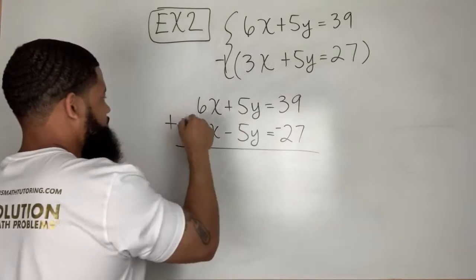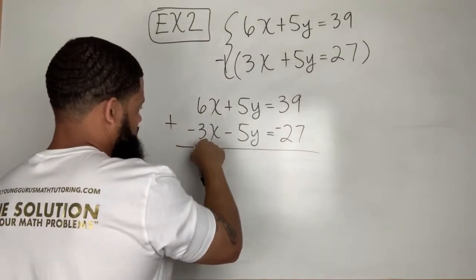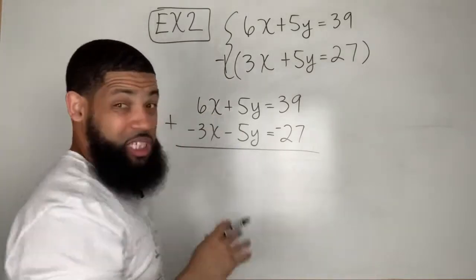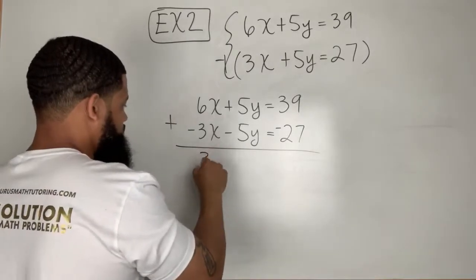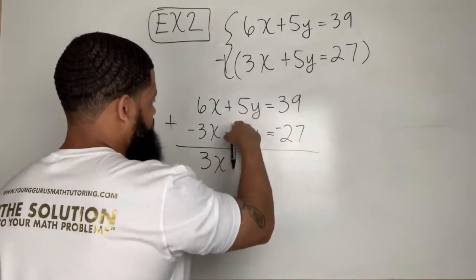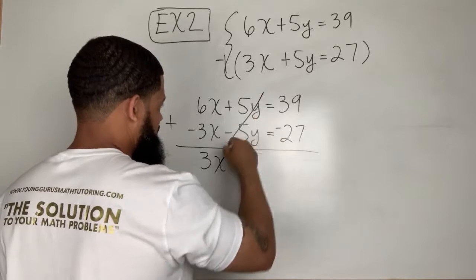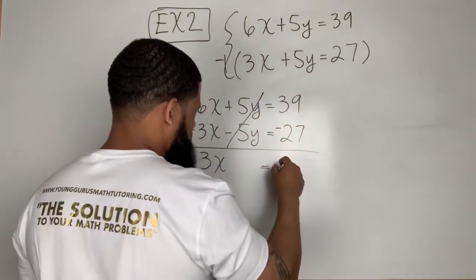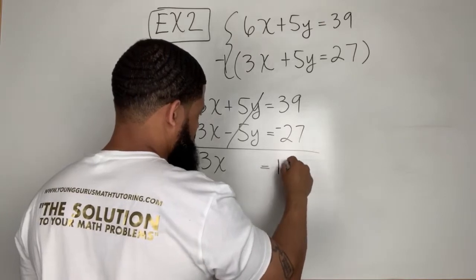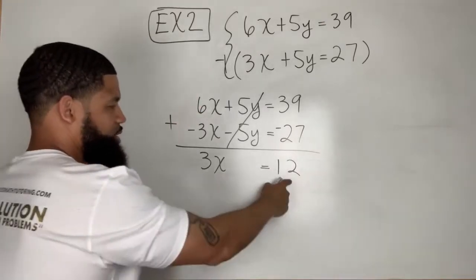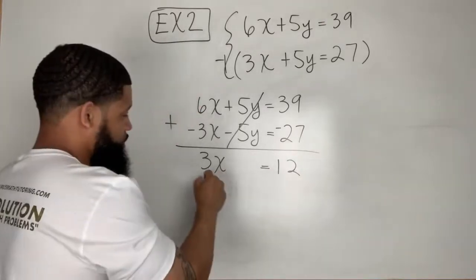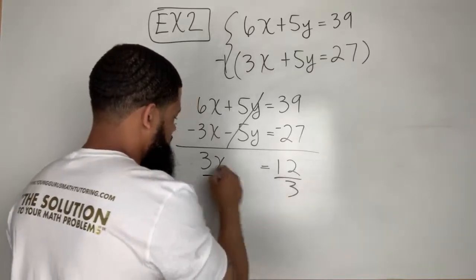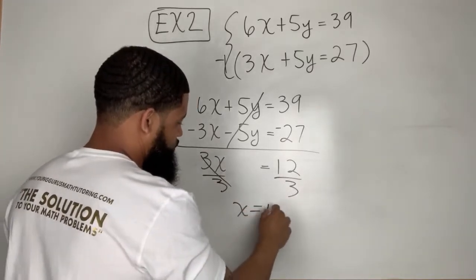Now I'm going to add them together. 6x plus negative 3x is just 3x. 5y plus negative 5y cancel, giving you 0. 39 minus 27 is 12. So I have 3x equals 12. Divide both sides by 3, and x equals 4.